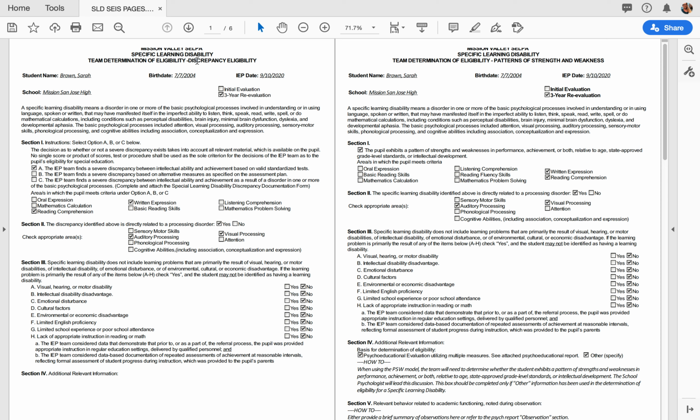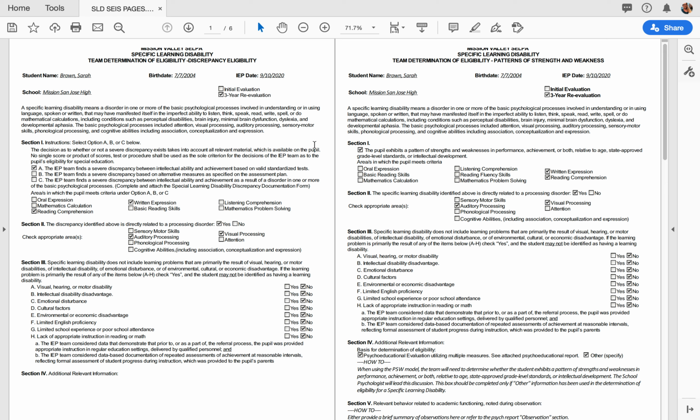primary or secondary. The first 2 forms, again, the discrepancy and the PSW, are essentially the same and are divided into 7 different sections or subsections. Okay, so you'll be able to see them right here, section 1 as well as section 1 here, and each page has 7 of them.